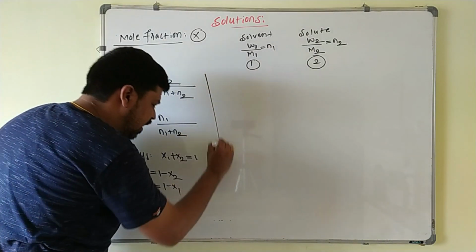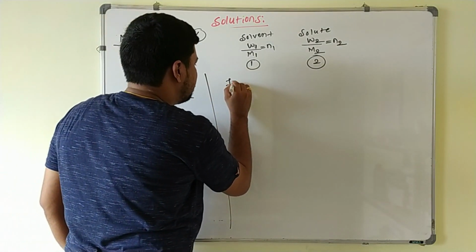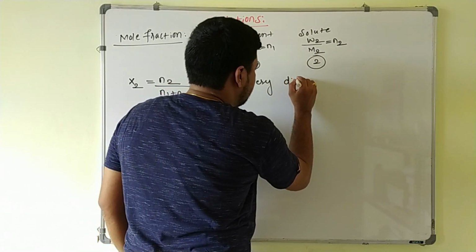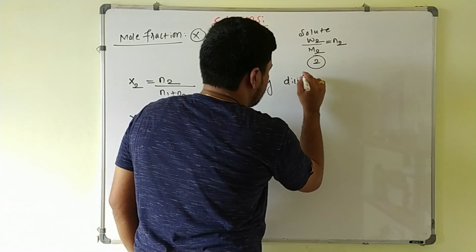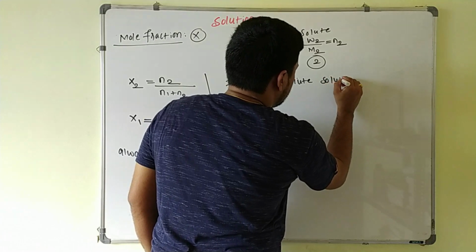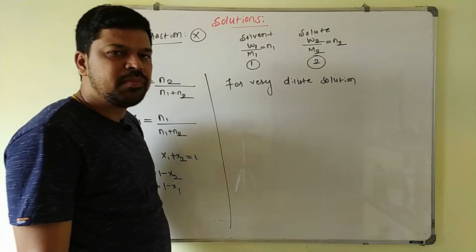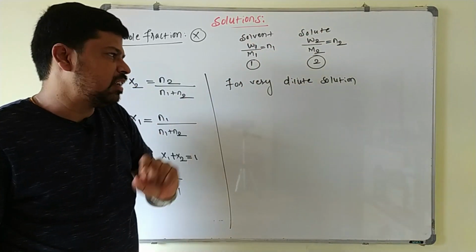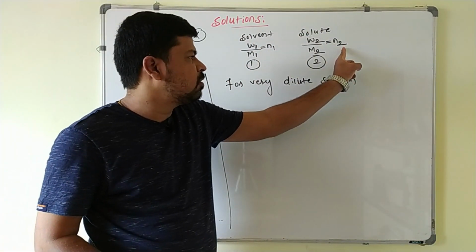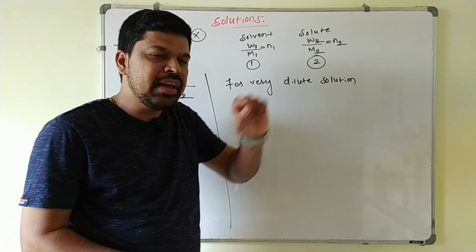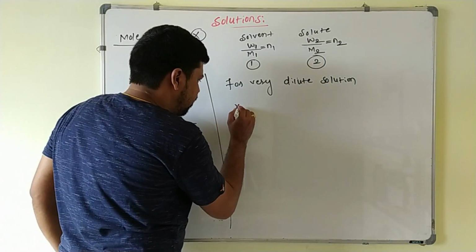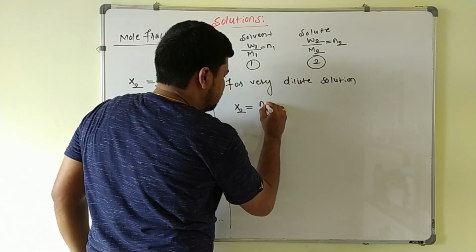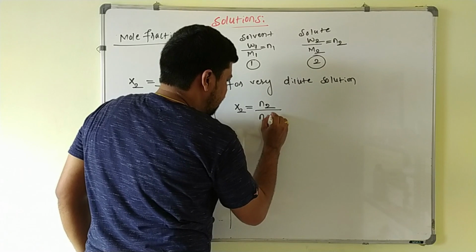Next, for a very dilute solution, the amount of solute present in the solvent is very less, so the number of moles of solute, N2, can be neglected. For example, the mole fraction of the second component, X2, is N2 divided by N1 plus N2.